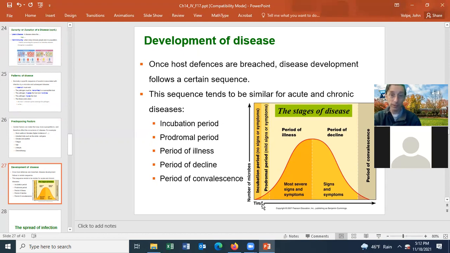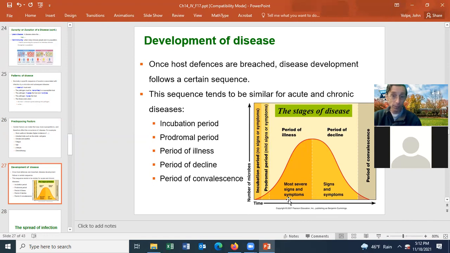That's the incubation period. The time where the organism is growing in you and gets to a number. If you look at this chart, it's the number of microbes on the y-axis and also the seriousness of the signs or symptoms on the y-axis and just the time on the x-axis. The incubation period is followed by the prodromal period.